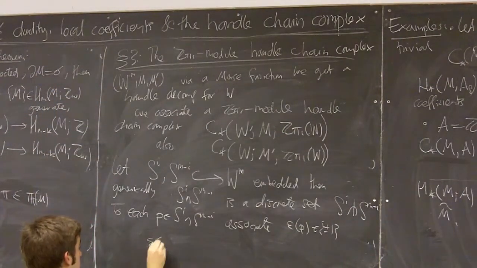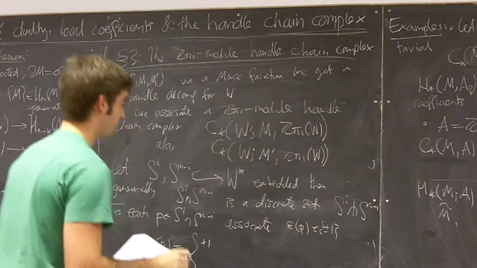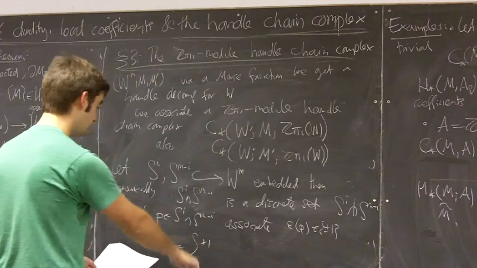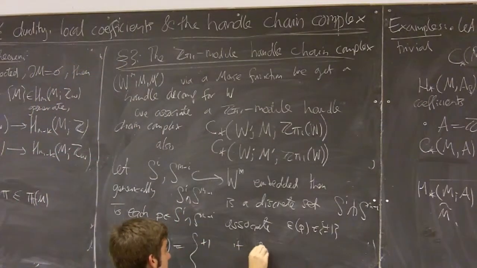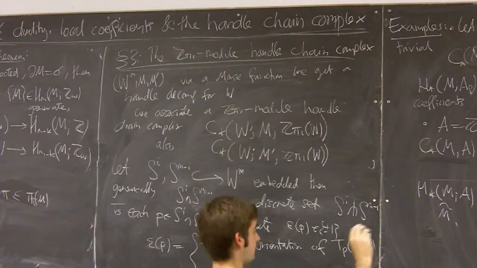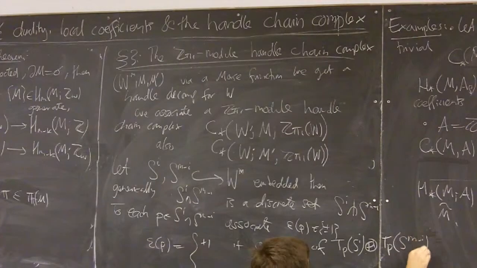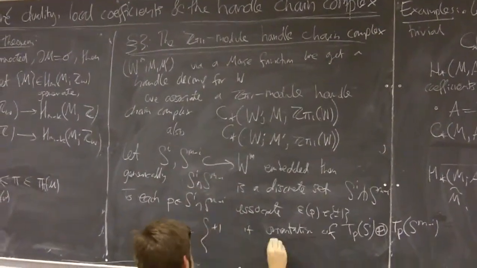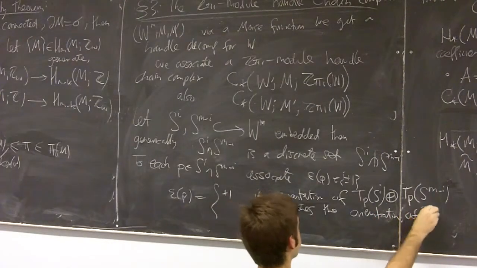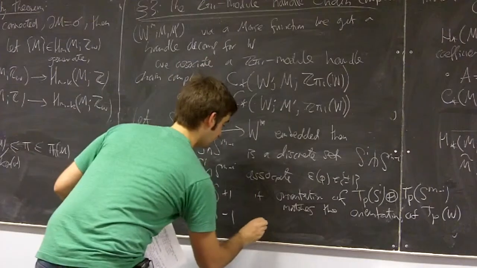We choose orientations for W, S^i and S^(m-i), and then we say that the point gets sign plus 1 if the orientation of the tangent space at P of S^i, direct sum tangent space at P of S^(m-i), matches the orientation of T_P of W. So it can either match or it can not, and if it doesn't, we give it a -1 otherwise.